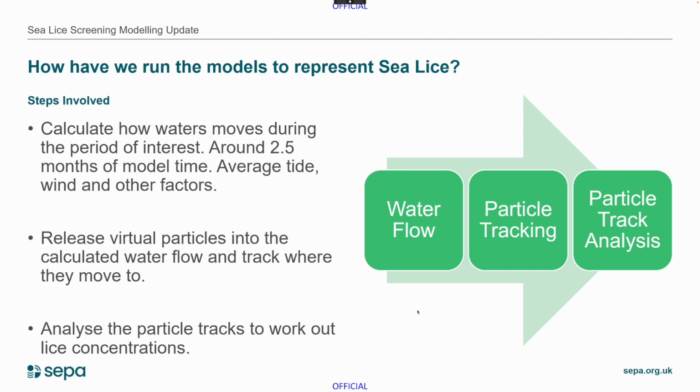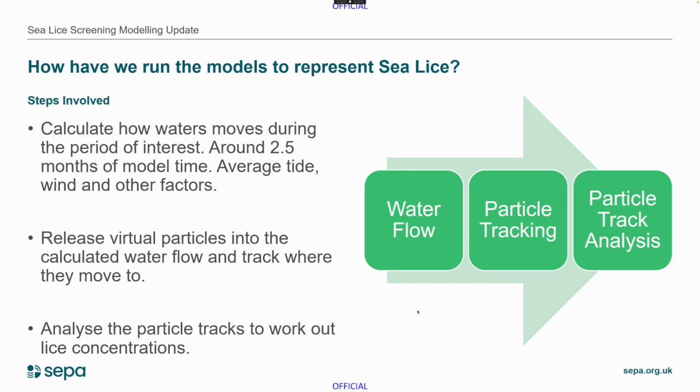So, modelling for sea lice involves a number of steps. First, we calculate the water flow over a period of time. In this case, we're calculating the water flow around a period of 2.5 months of model time. As I've said, we use average tide and wind and other factors to calculate the average water flow during this period of time.